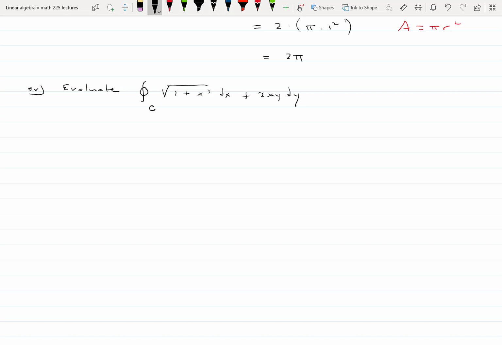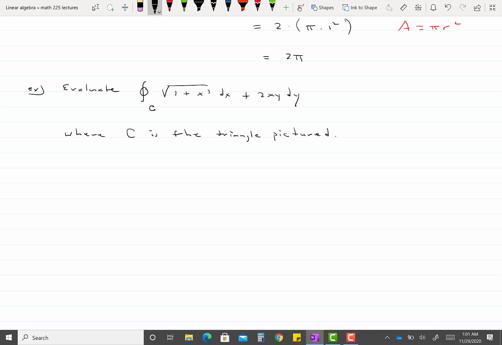Okay, what's missing? Well, C. I haven't described it yet. So where C is the triangle pictured. And I'm going to go off camera to draw this for you, so I'll be back in about 2 seconds.